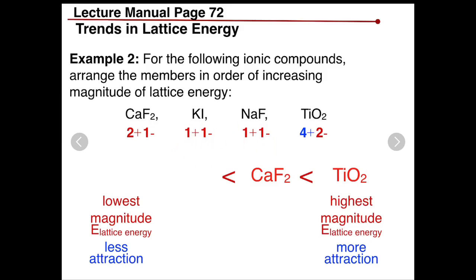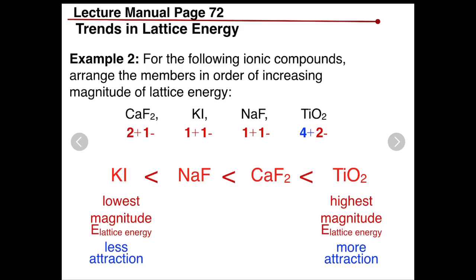You need to go by size. The size of sodium and fluoride versus the size of potassium and iodide: you will see that sodium and fluoride have fewer energy shells compared to potassium and iodide. Therefore, the one that has the smaller size would have a stronger Coulombic force, so they are going to produce more energy, or have a higher magnitude of lattice energy.